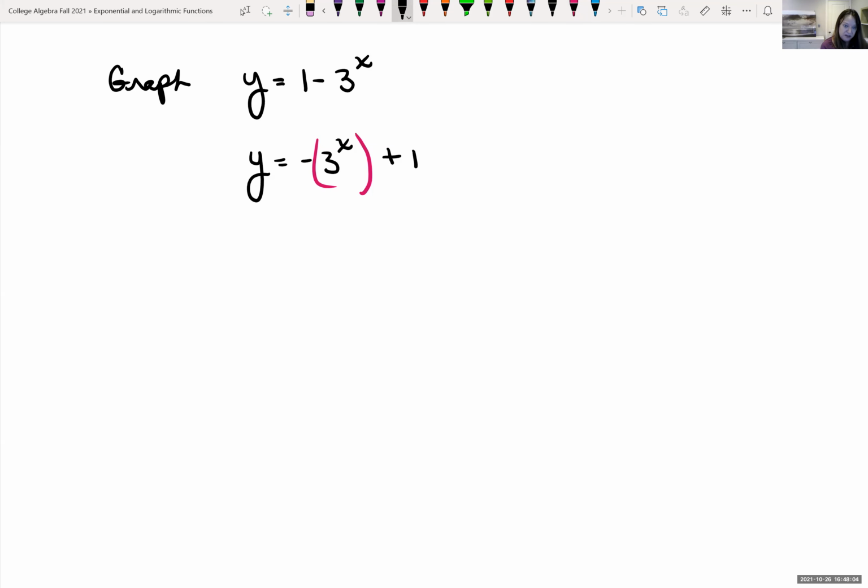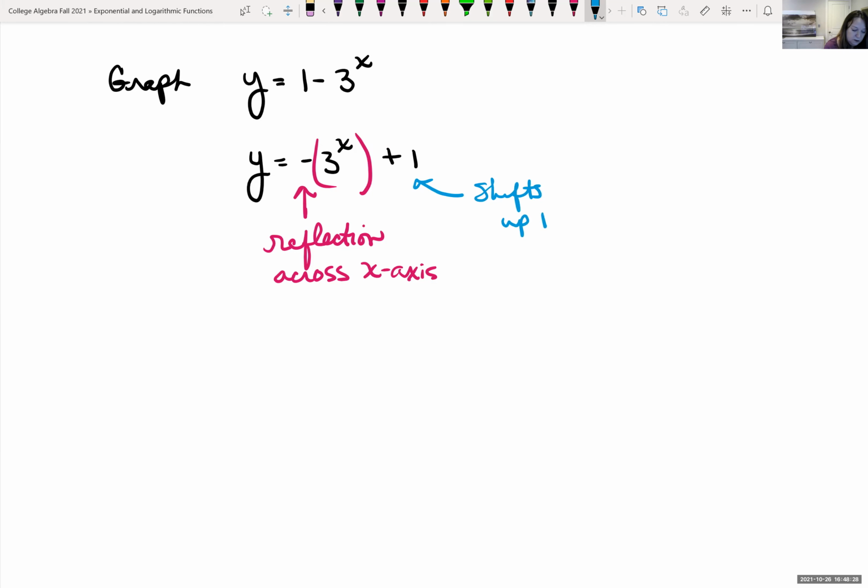So the minus in front of the 3 to the x, that's a reflection. It's changing the sign of my y value. So this is actually a reflection across my x-axis. And then that +1 shifts us up 1 unit. So if we think about our transformations, the reflection across the x-axis is going to look like this.